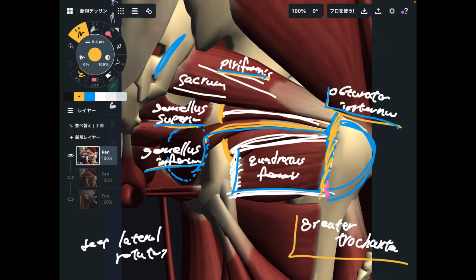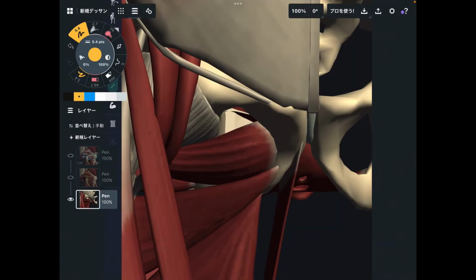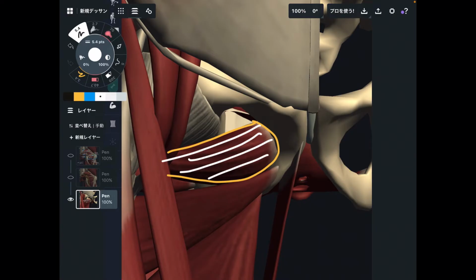There's one more muscle that originates from anterior part of pelvis. What is it? That is this one. We just saw obturator internus. That's from inside pelvis. This is from outside. This is obturator externus.